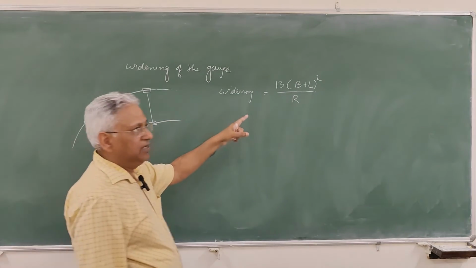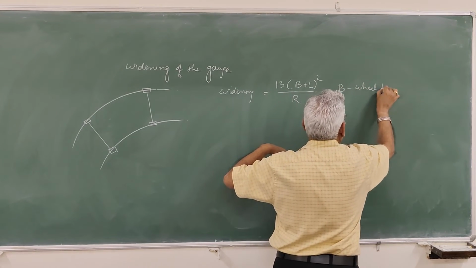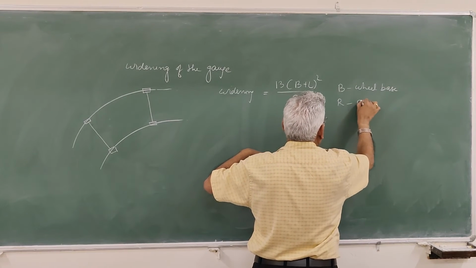Here, B is the wheelbase of the bogie. R is the radius of the curve.